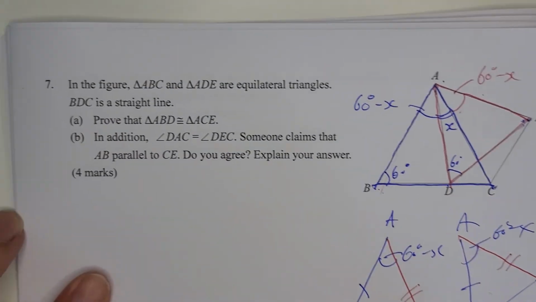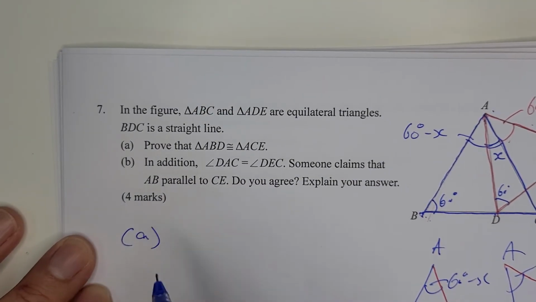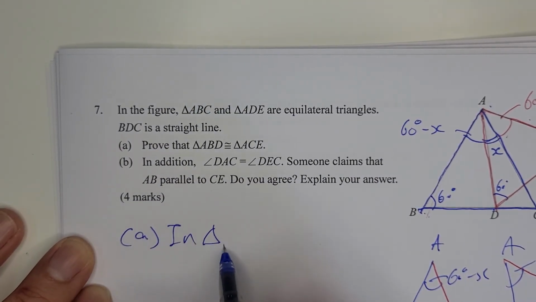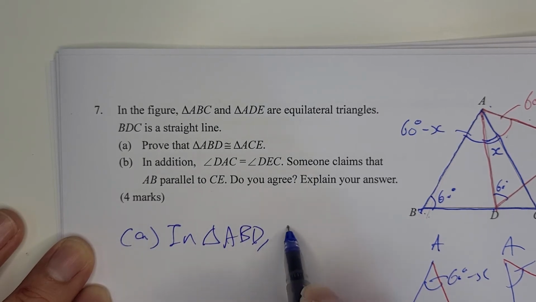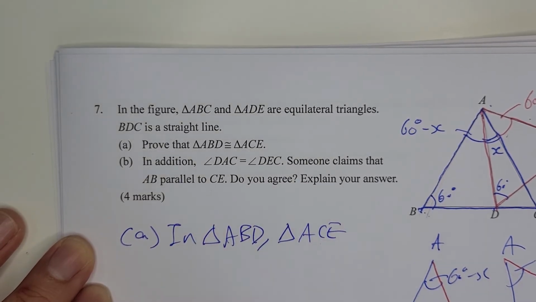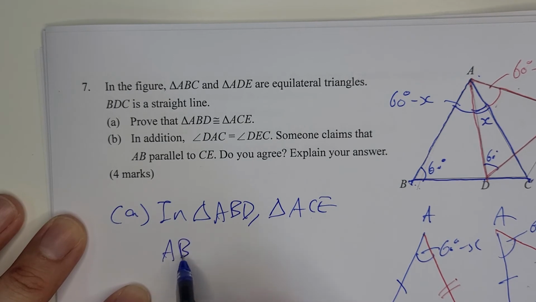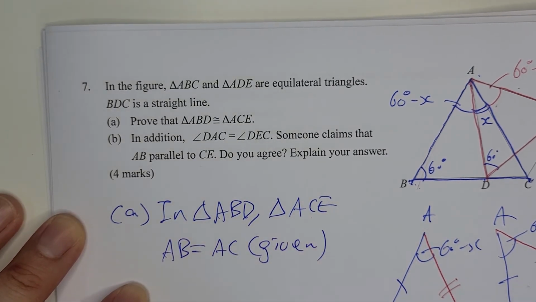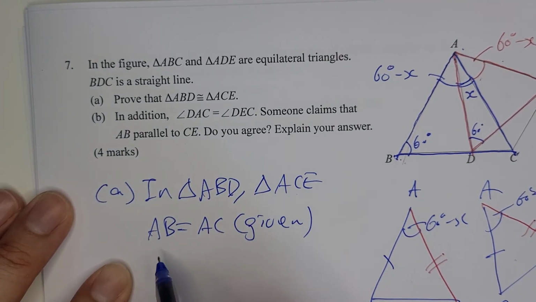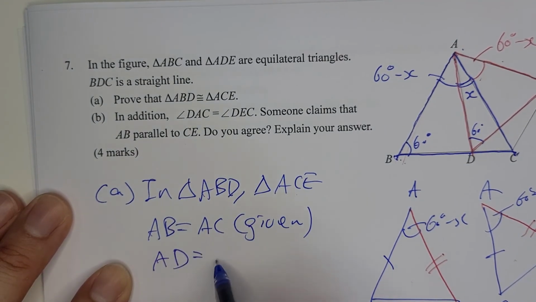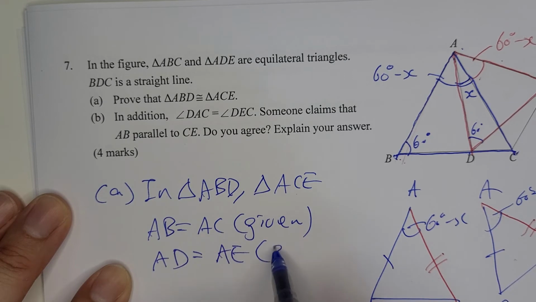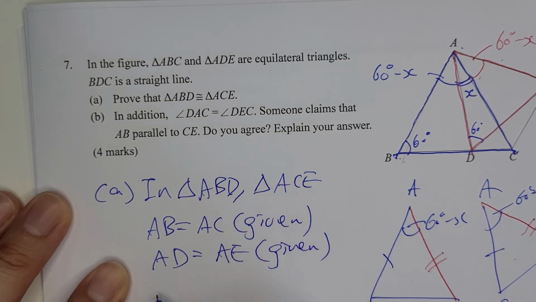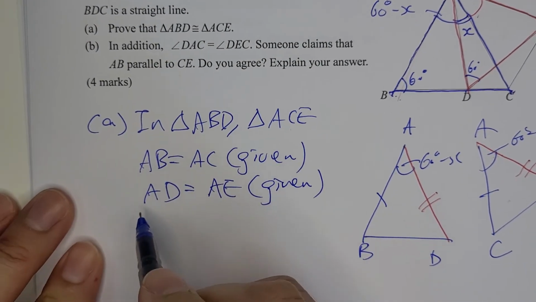So let's write down the proof. In triangle ABD and triangle ACE, AB equals AC, you can just write down given because it's an equilateral triangle. Second, AD equals AE, again given. The third one, you need to explain a bit more.